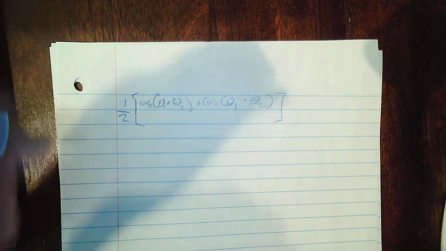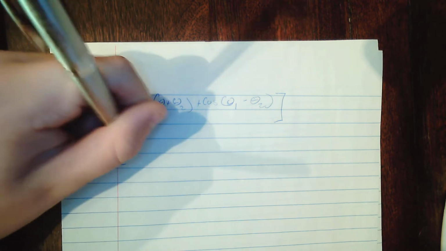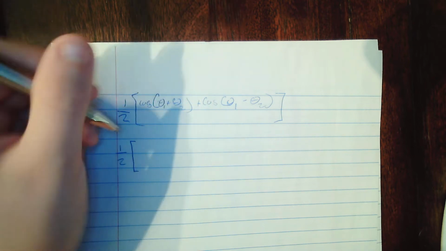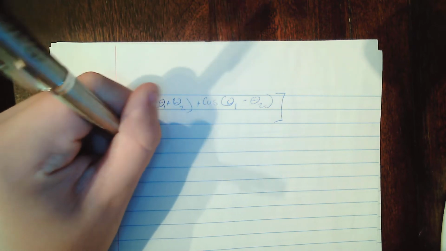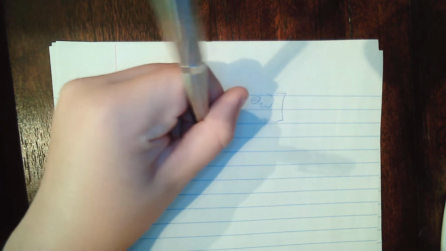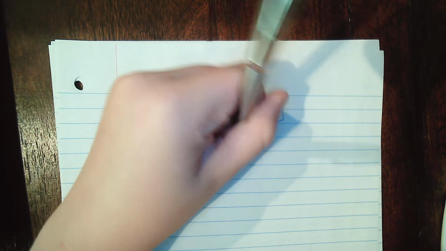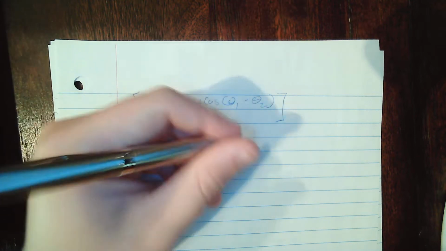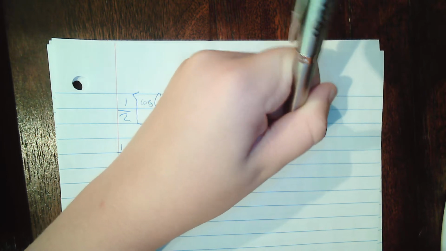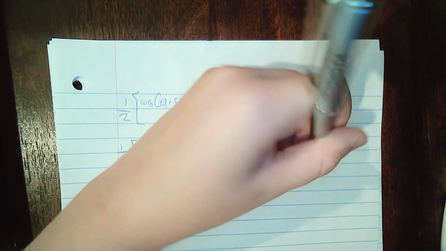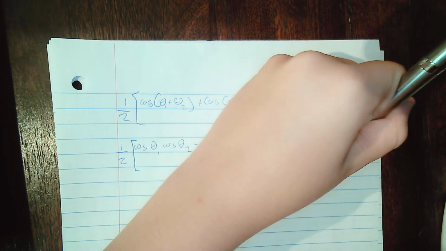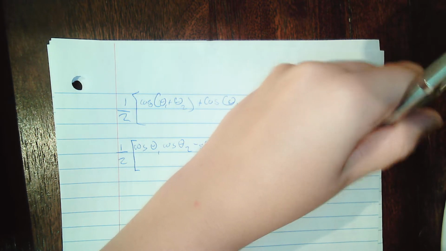So then what we're going to do is expand. And the expansion is the longest part. So we have cosine of theta 1, cosine of theta 2, minus the sine of theta 1, sine of theta 2, plus the cosine of theta 1, cosine of theta 2, plus the sine of theta 1, sine of theta 2, and end bracket.